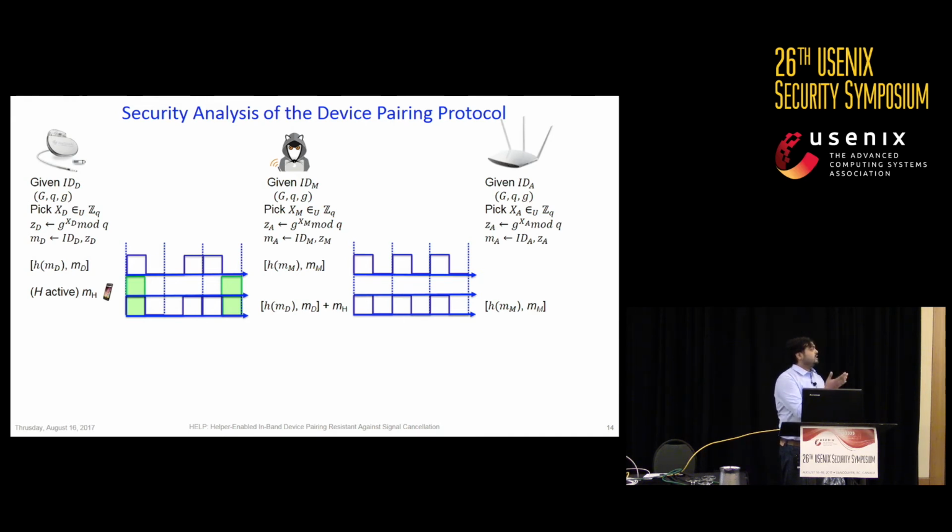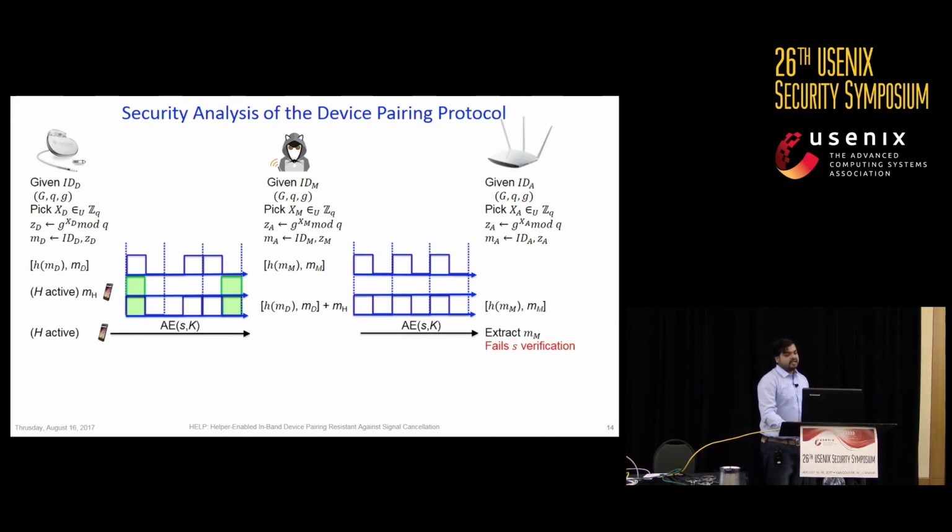And so for the uplink, when the helper sends out the vector S, the verification that the hub received all on-slots on vector S will fail, and hence the hub will detect the presence of Mallory.